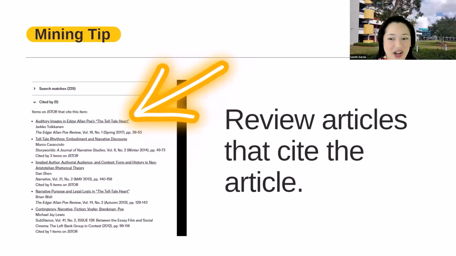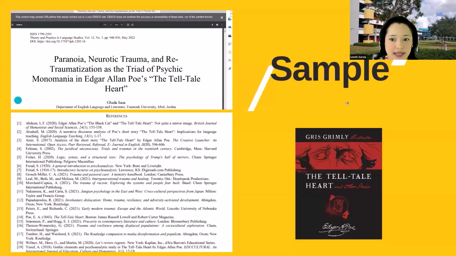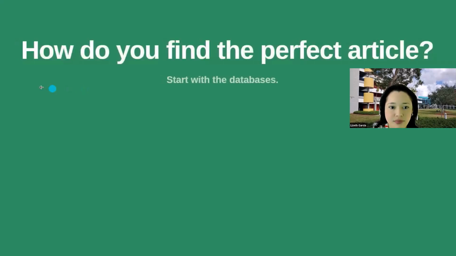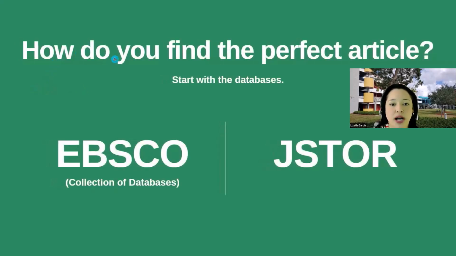Wonderful. All right, so let's take a look at that JSTOR database that we were looking at. Because we want to know, how do you find that perfect article? It's always to start with the databases. And as we saw, we are not the only institution that does that. Every academic institution has a list of databases that the students are meant to use to conduct research.